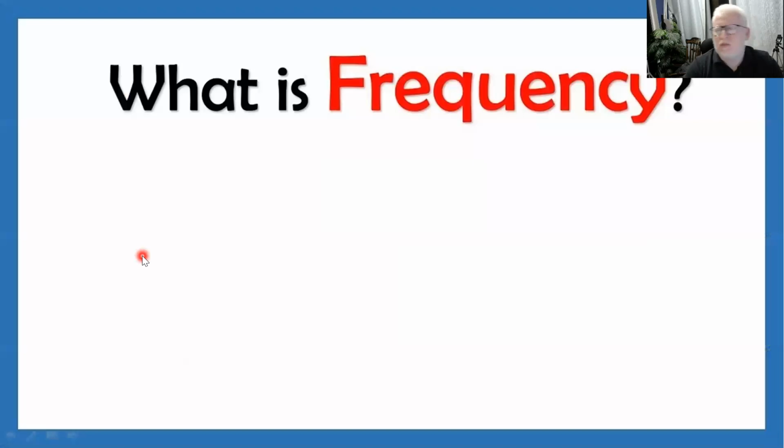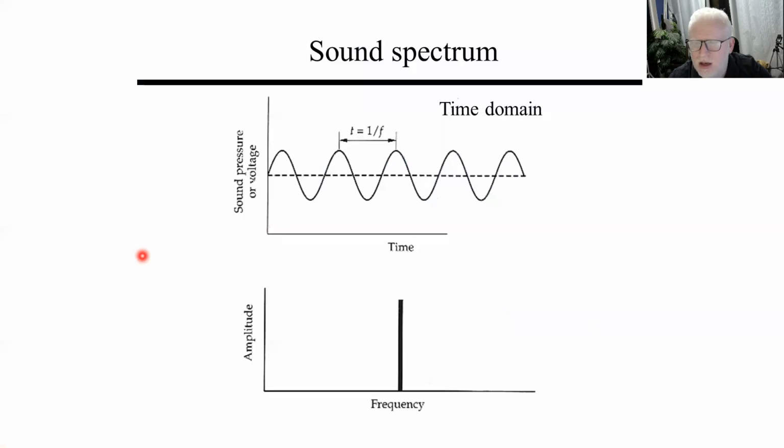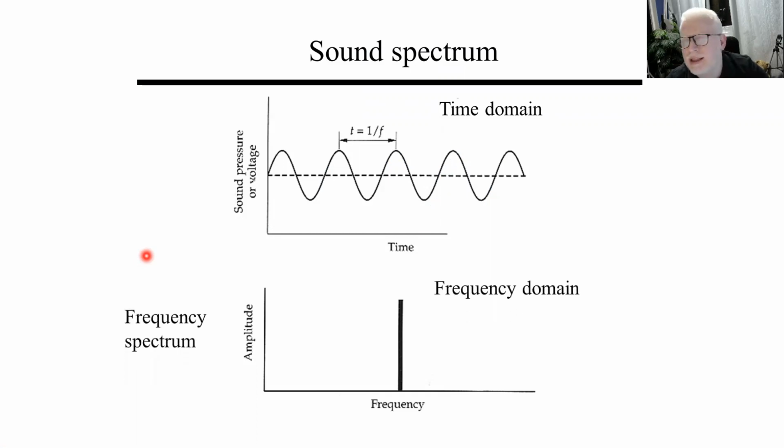Briefly, what we did in the first three parts: we defined what is frequency, as the number of repetitions per unit time, which is 1 second. Consequently, we discussed the monotone signal, which is a sinusoidal signal, as this signal contains a delta impulse in the frequency domain, or what's called the frequency spectrum.